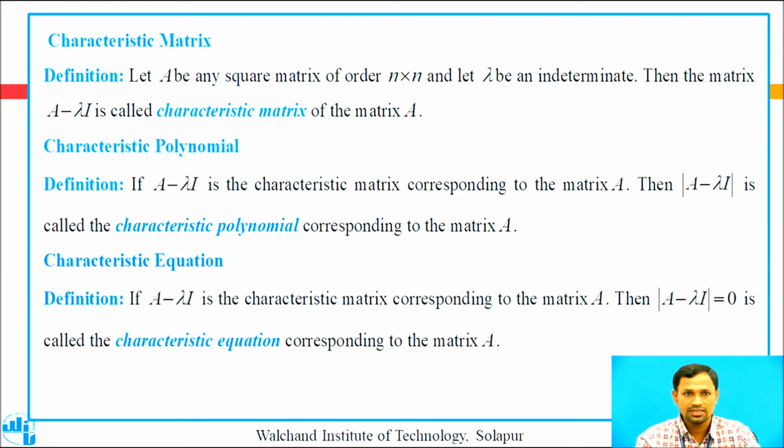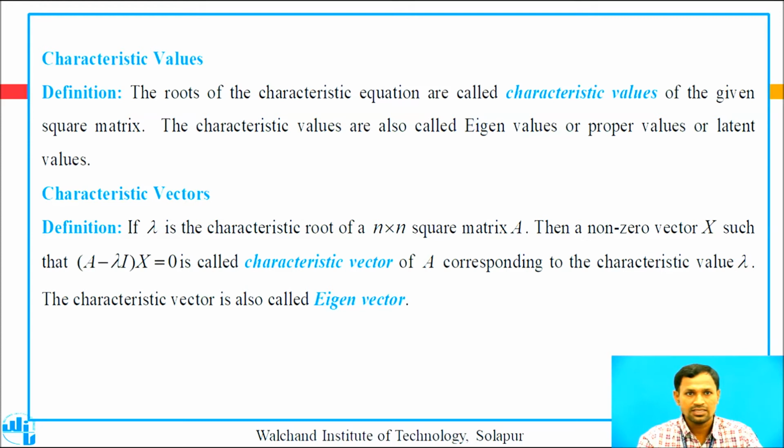Next definition is characteristic equation. If A minus lambda I is the characteristic matrix corresponding to the matrix A, then determinant A minus lambda I equal to 0 is called the characteristic equation corresponding to the matrix A. Next definition is characteristic values.